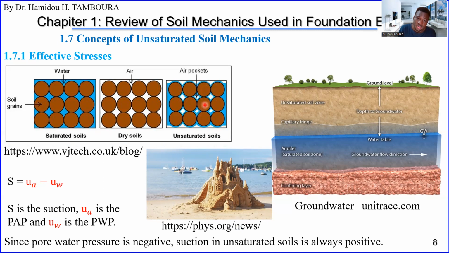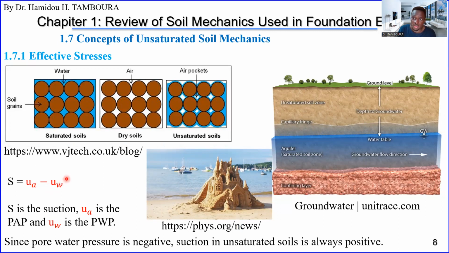Okay, and when you have this kind of thing, the air pockets here, you can see it making this suction. This suction is the UA, which is the pore air pressure, minus the pore water pressure, UA minus UW.